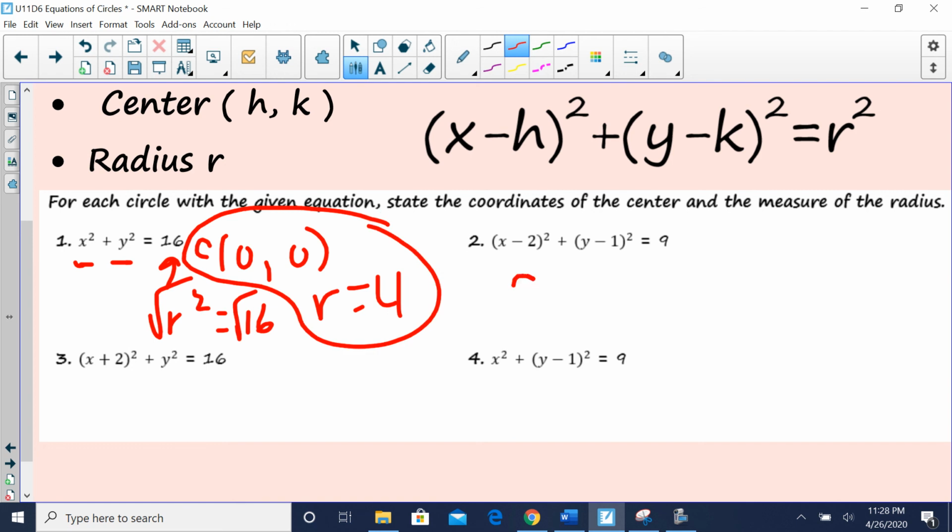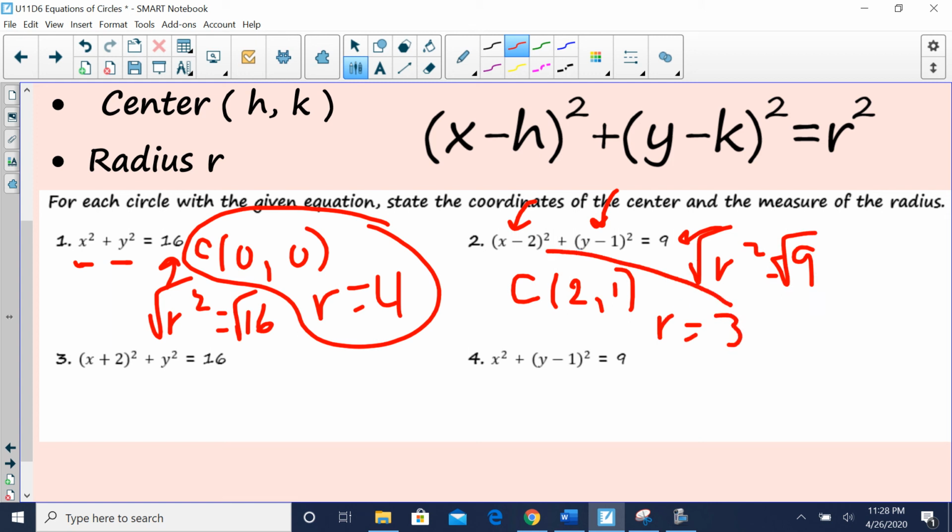Okay, center of the next one. Remember, we think opposite of what's actually shown. So it says negative 2, but that means the center is a positive 2. It says negative 1, but that means center is at 1. Remember, this 9 is my radius squared. So radius squared is equal to 9. If I take the square root of each piece, I get the radius equal to 3.